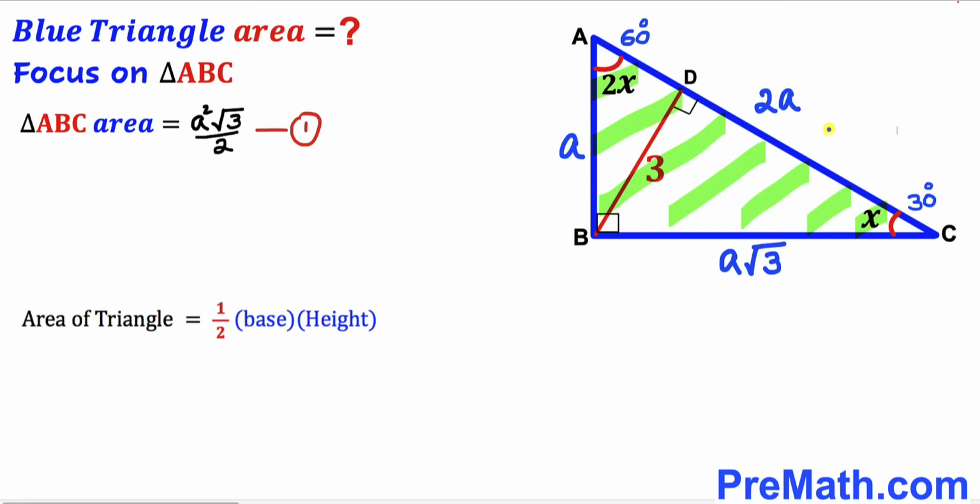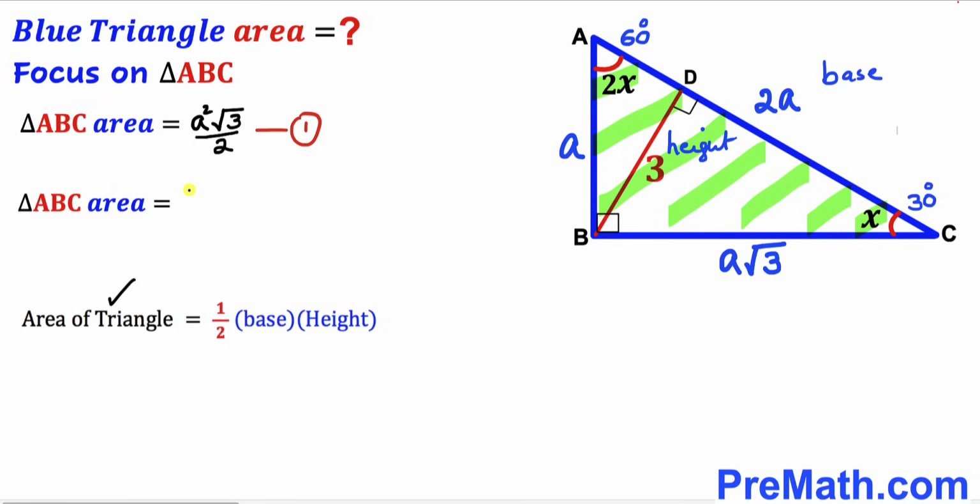Let's focus once again on this triangle ABC. And we could see that this side AC is the base of this blue triangle ABC, whereas this BD is the height of this triangle. And now we are going to apply this area of the triangle formula once again.